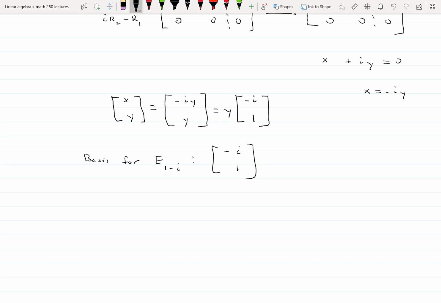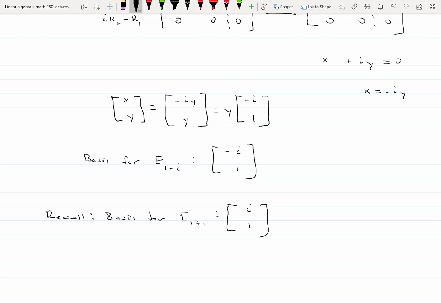Now, what's the neat thing that I wanted to mention here? Recall that the basis for the eigenspace corresponding to 1 plus i was i and 1.